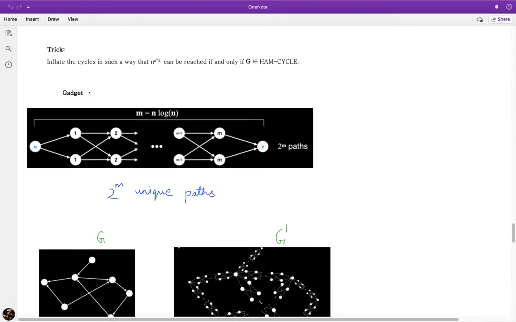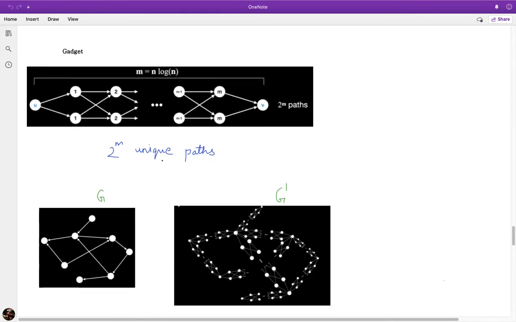The trick here is to inflate the cycles of graph G in such a way that in the graph G dash the number of cycles n power n square can be reached if and only if G has a Hamiltonian cycle.